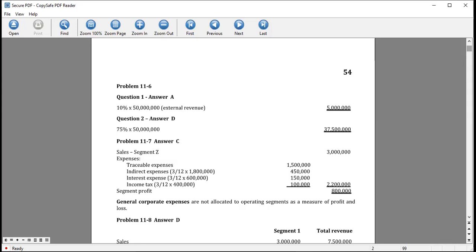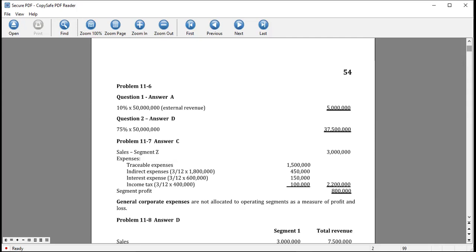In question number 2, what is the minimum amount of external revenue to be disclosed by reportable segments? In 11-6, question number 2, we have 75% of 50 million.